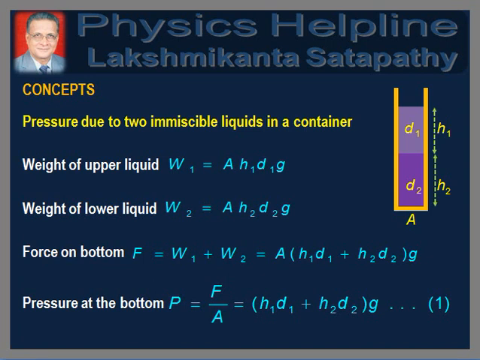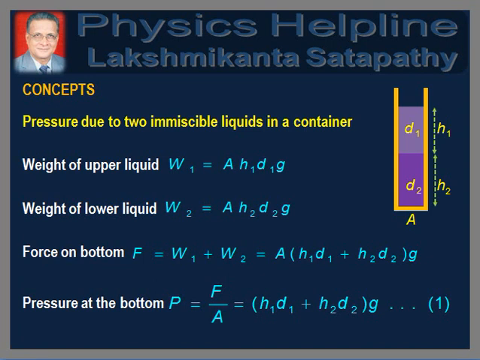Before proceeding to solve the problem, let us recall the related concepts. Consider two immiscible liquids of densities d1 and d2 contained in a cylindrical tube of area of cross-section A. The respective heights of the liquids are h1 and h2 as shown. Now, weight of the upper liquid is W1 equal to A h1 d1 g and weight of the lower liquid is W2 equal to A h2 d2 g.